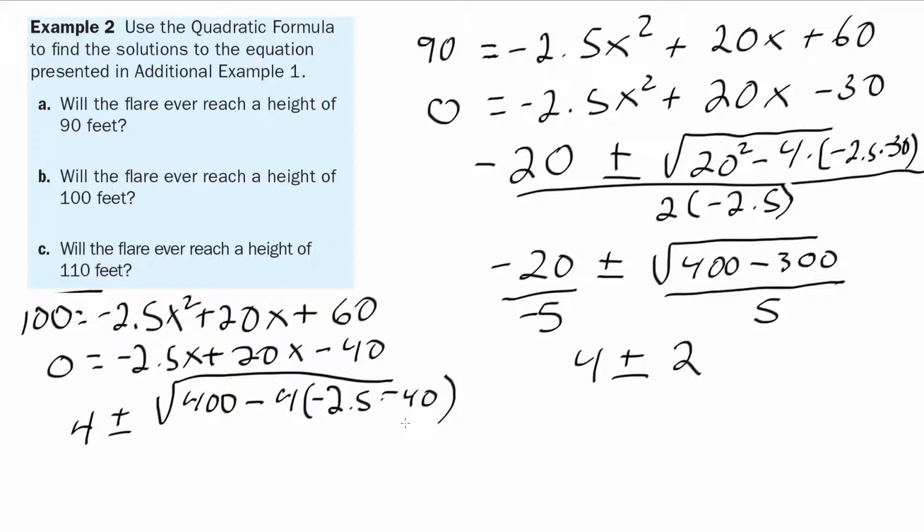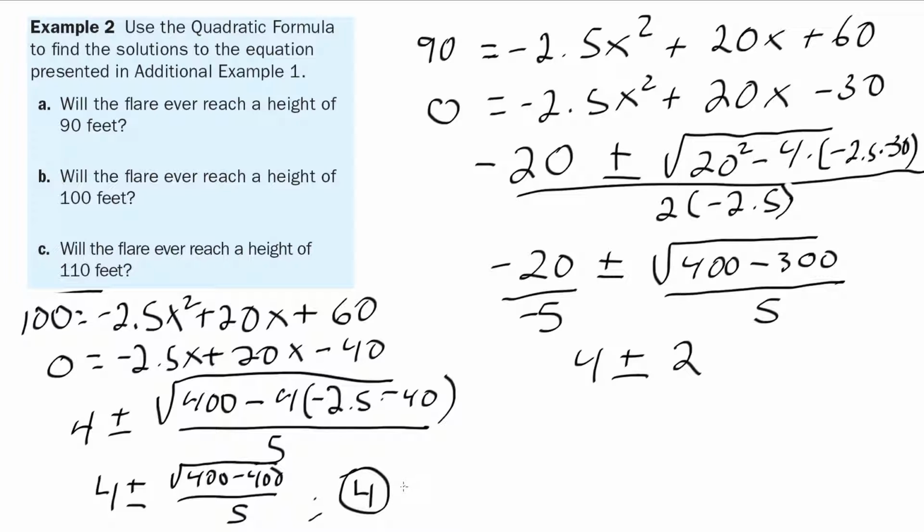A negative, negative, negative is a negative. And this is all over 5. And that brings us down to 4 plus or minus the square root of 400 minus 400, which is 0. And so plus or minus nothing, so the answer is simply 4. There is one solution. That's just 4.